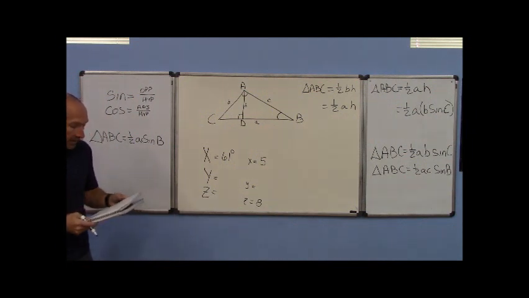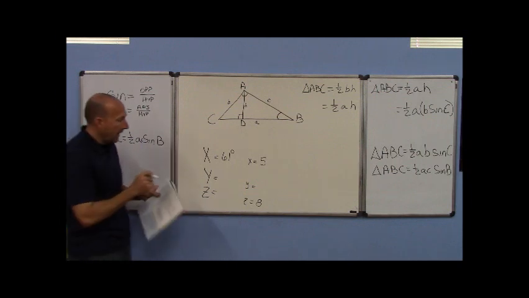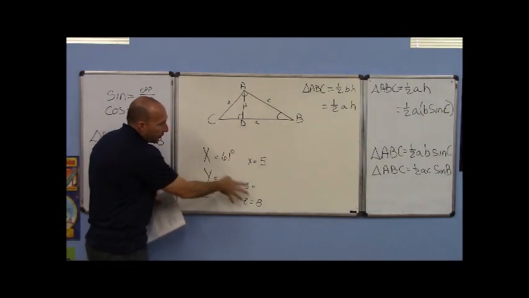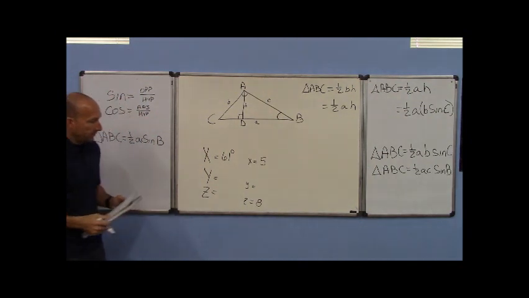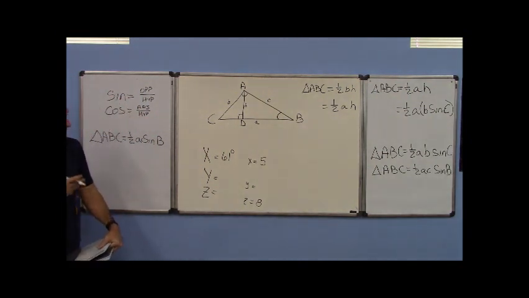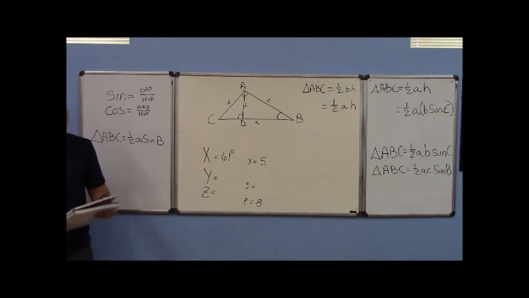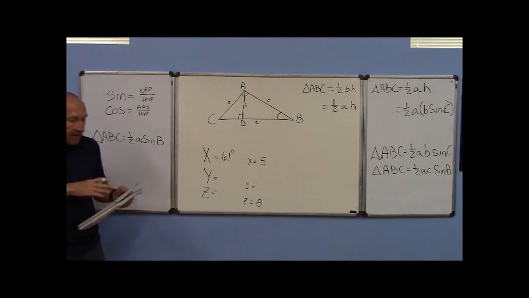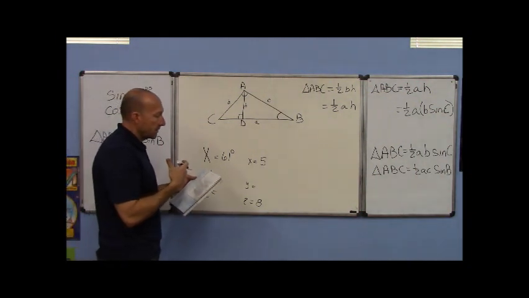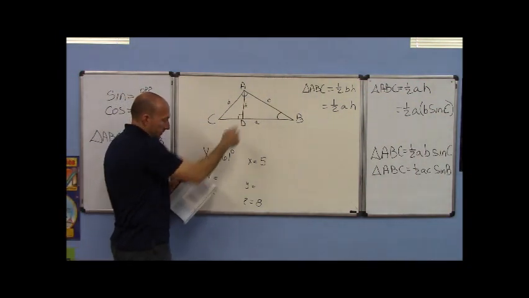Now, if we have these three pieces of information, then we are able to find out what the missing three pieces are, by using the same format that we used here.